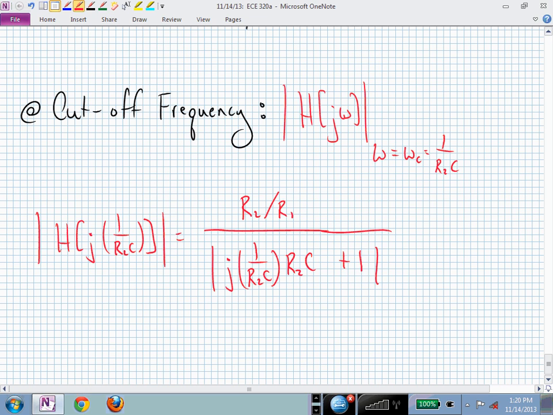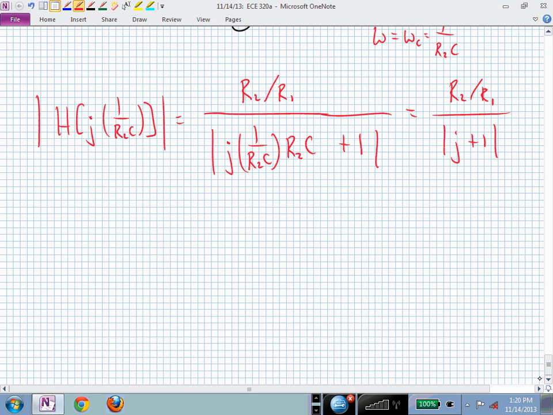And now we have all these RCs canceling. Or we now have R sub 2 over R1 over j plus 1. But what's the magnitude of 1 plus j? Real part squared plus imaginary part squared added up.